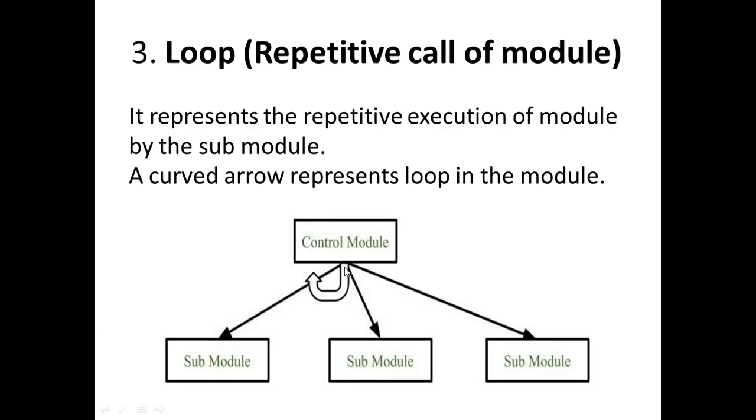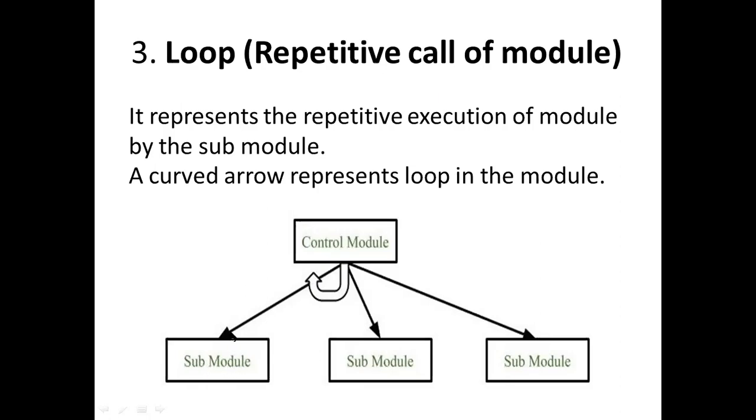So the condition will be checked again and again. This is the repetitive loop. Again it is returning to the control module, and it will check. So this is the loop condition, and one time the condition will be fulfilled, then this will operate, and we will get our answer according to this.